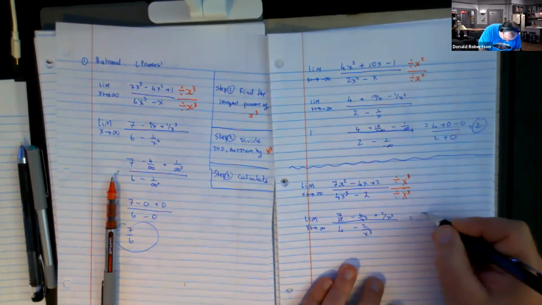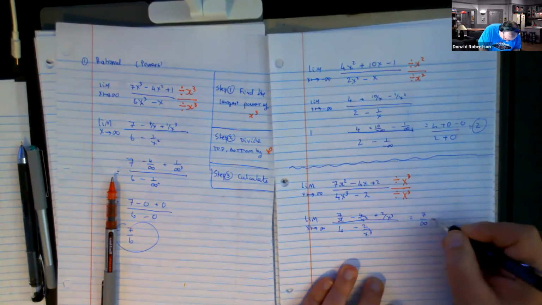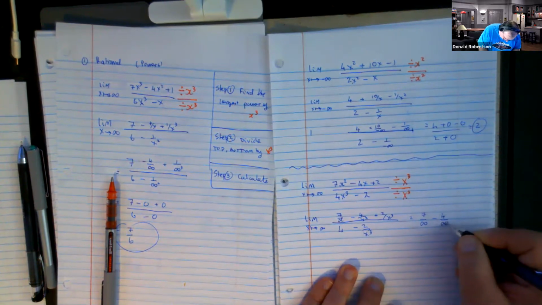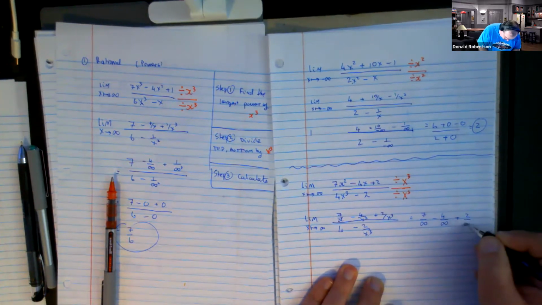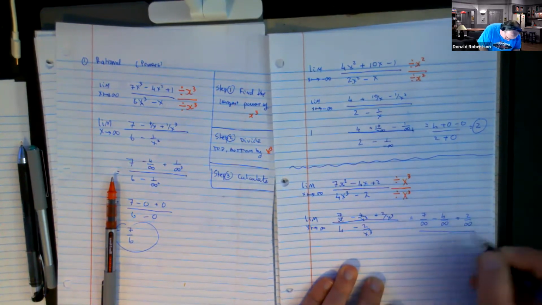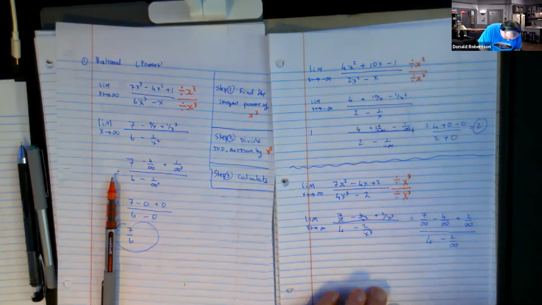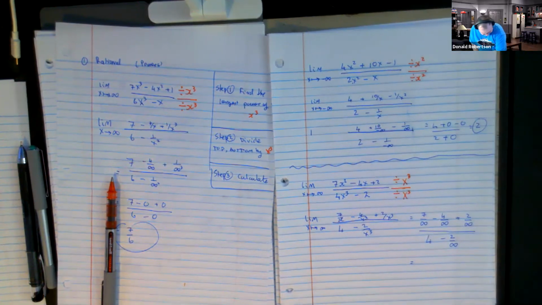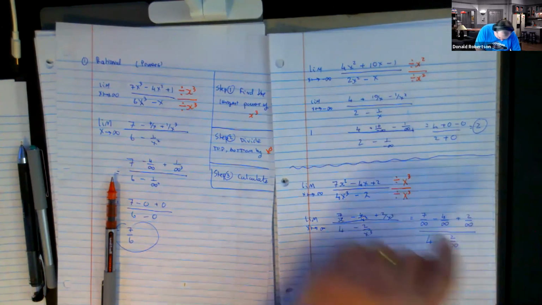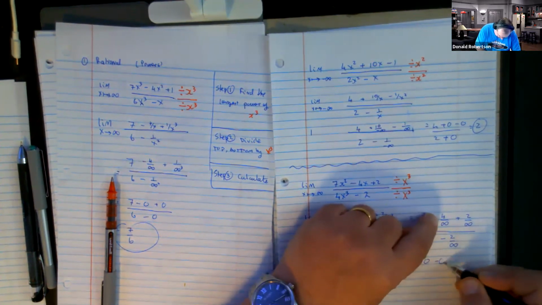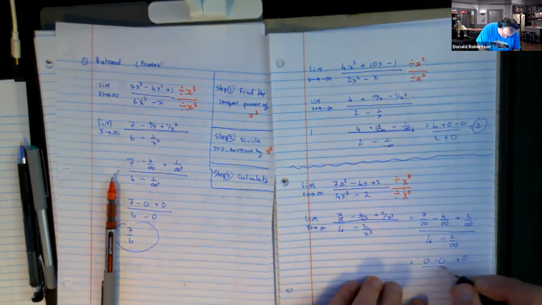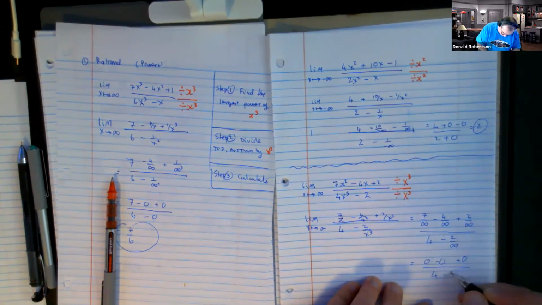Brute force now. 7 over infinity, 4 over infinity, 2 over infinity, 4, take away 2 over infinity. 0, take away 0, add a 0. 4, take away a 0.